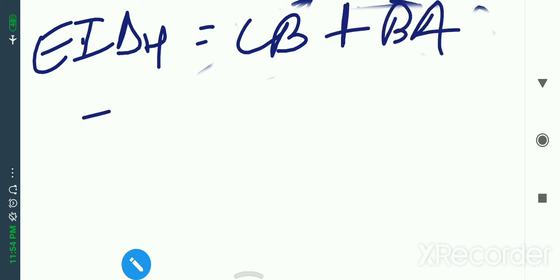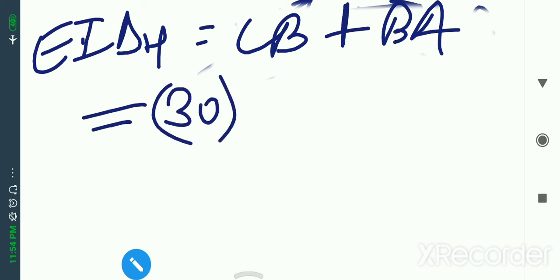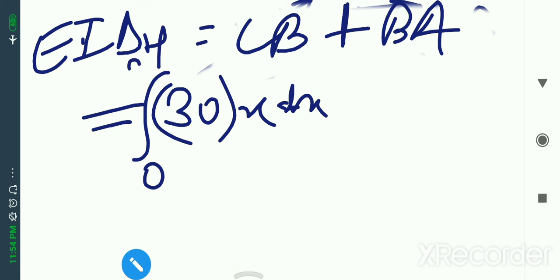What was the value of capital M for CB? It was 30. And what is the value of small m? It was simply x, dx, integrated from 0 to 2, plus for BA the integral will be from 0 to 2.